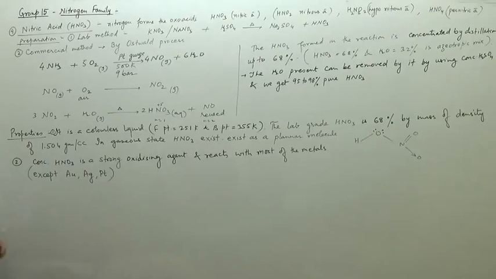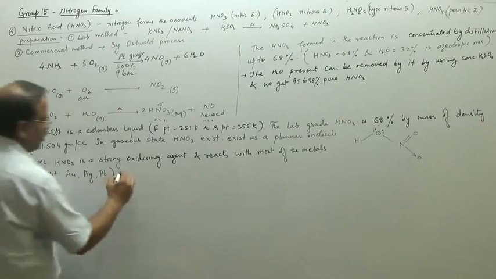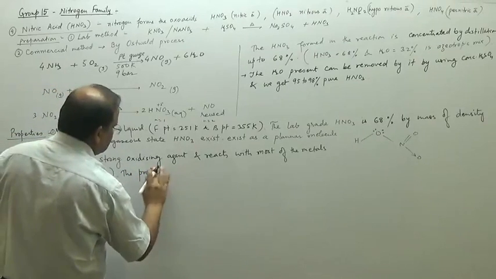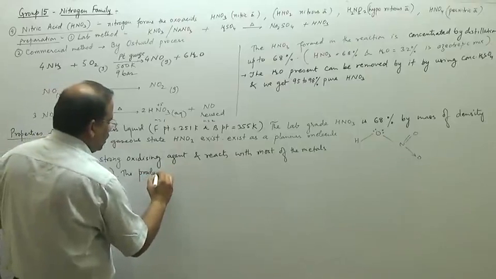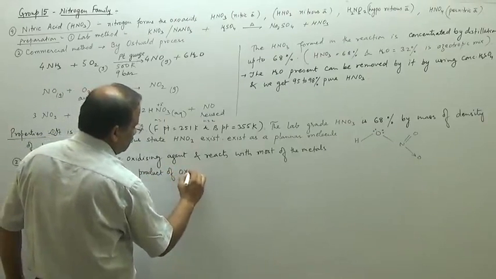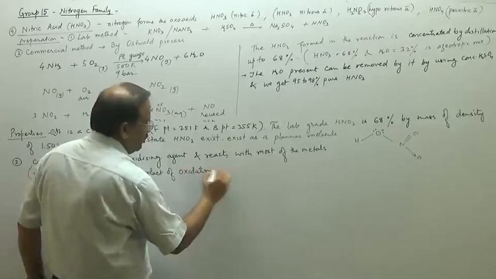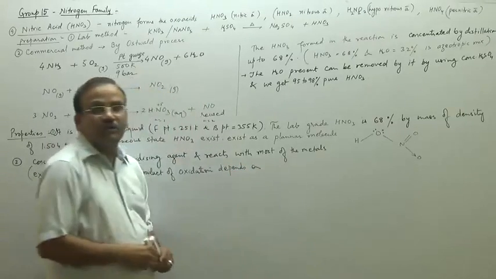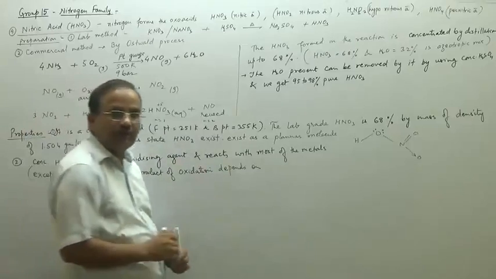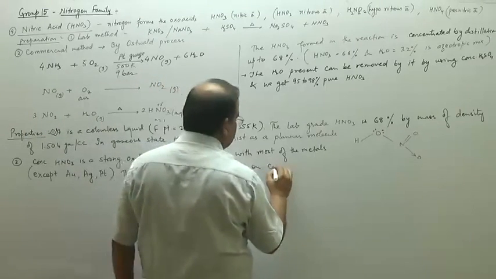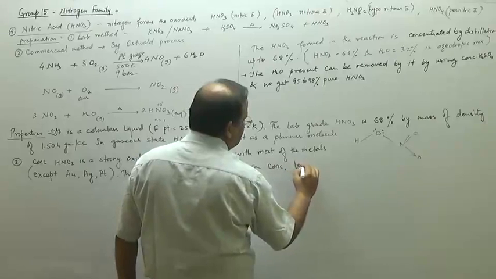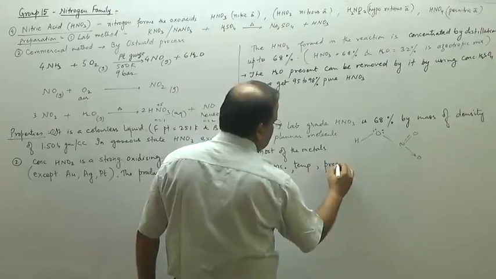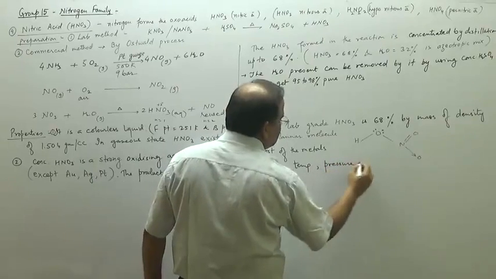So with these, the product of oxidation depends on, obviously, the concentration. Whether it is dilute or concentrated, it depends on the concentration, temperature, pressure, etc. We can write that.